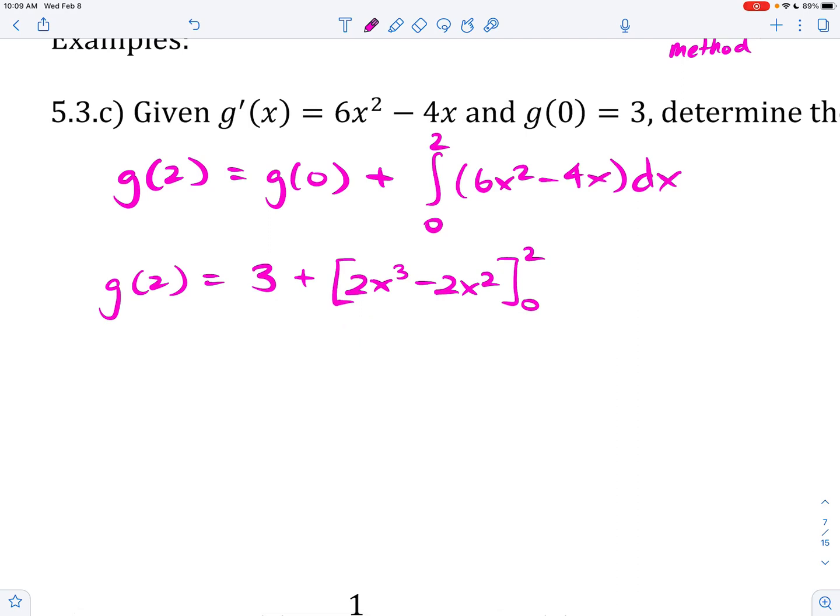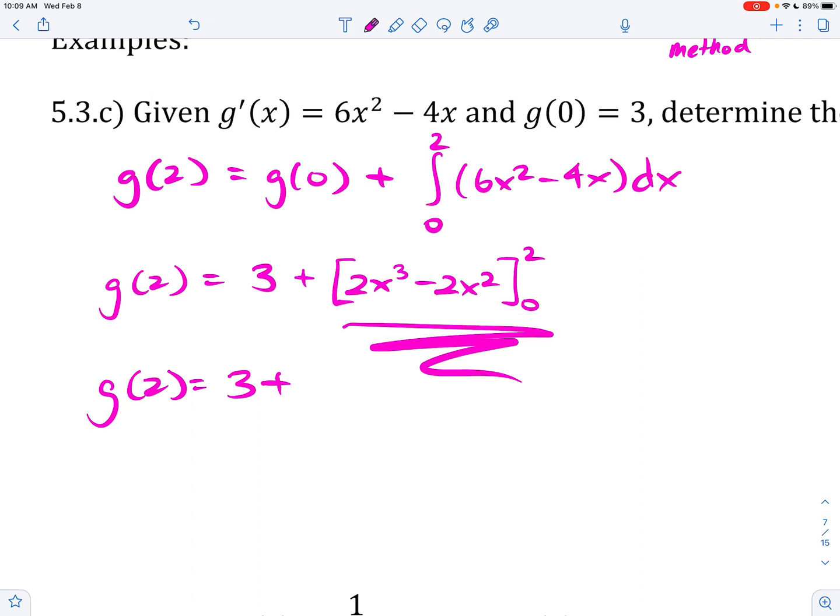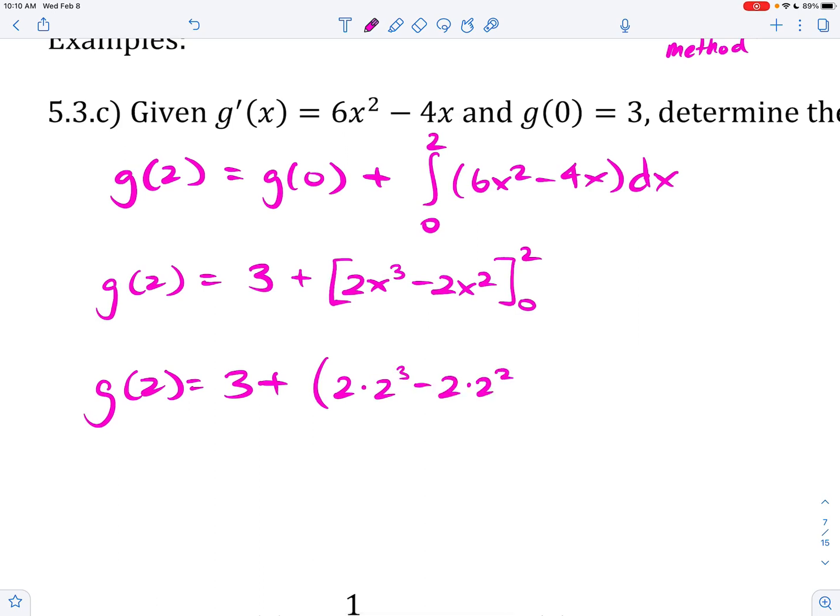This is separate. So when we calculate this, g of 2 is 3 plus whatever this bracket section gives us. So that'll be 2 times 2 cubed minus 2 times 2 squared. And we're going to take that and subtract what we get with that expression when we plug in 0: 2 times 0 cubed minus 2 times 0 squared. And we get numbers out here.